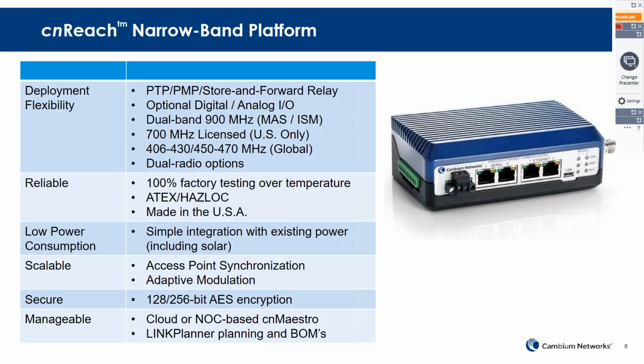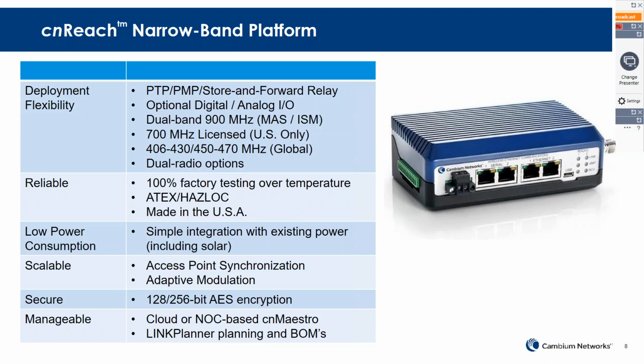So overall, the cnReach platform has multiple models. These different models support different frequency bands. There is a 900 megahertz radio that supports licensed and unlicensed, and we have a 700 megahertz licensed radio, and we also have the 400, 450 radio.